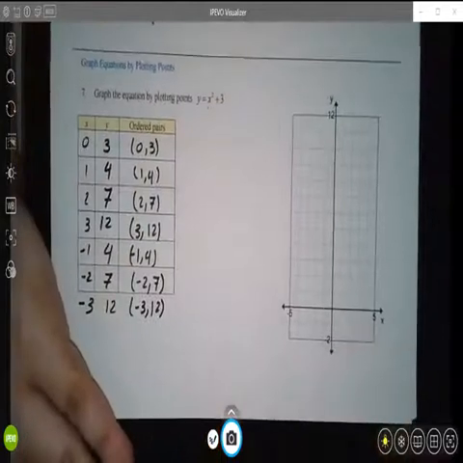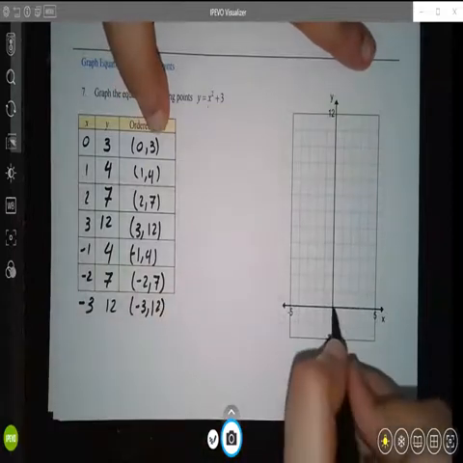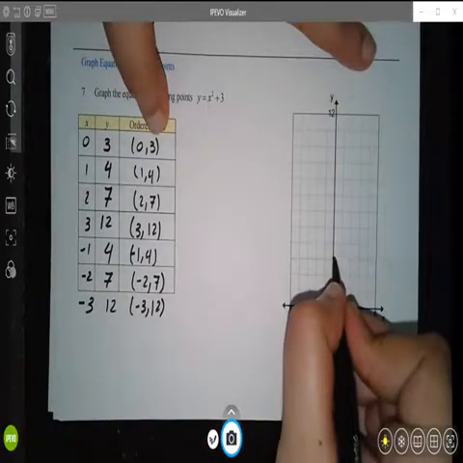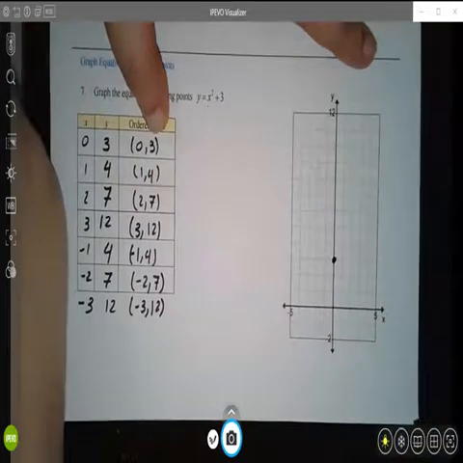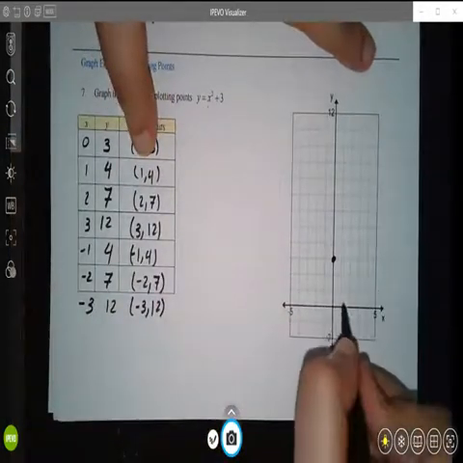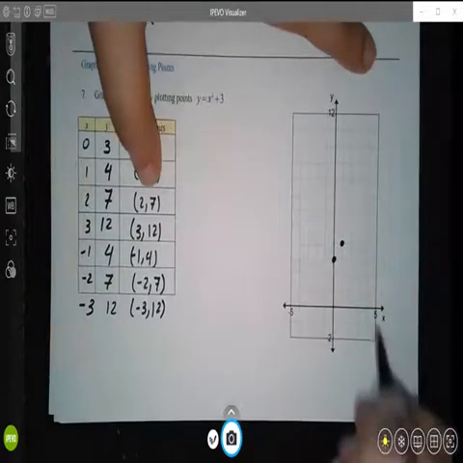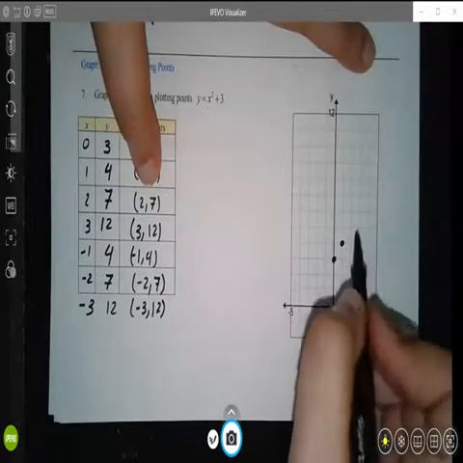So here we go. Let's start with this one. X is 0, y is 3. So the point's right here. Okay. X is 1, y is 4. And then x is 2, y is 7.